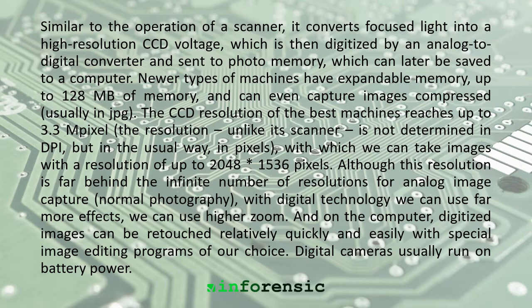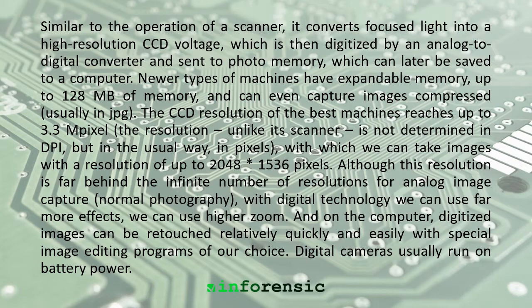Newer types of machines have expandable memory, up to 128 MB of memory, and can even capture images compressed, usually in JPG. The CCD resolution of the best machines reaches up to 3.3 megapixel. The resolution, unlike its scanner, is not determined in DPI, but in the usual way, in pixels, with which we can take images with a resolution of up to 2048 x 1536 pixels.